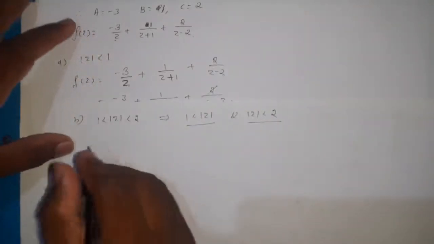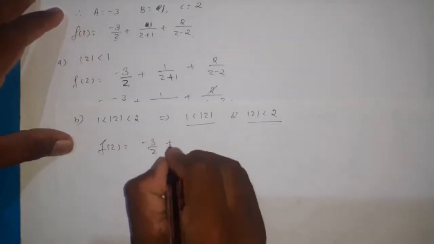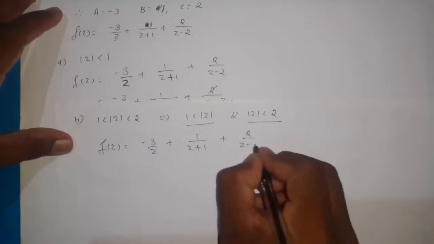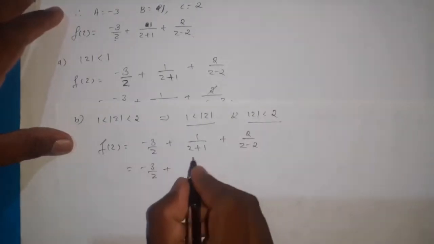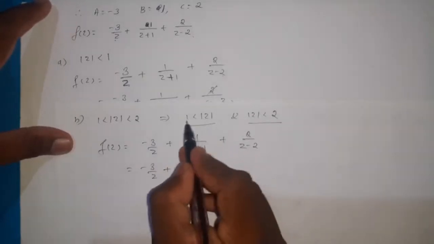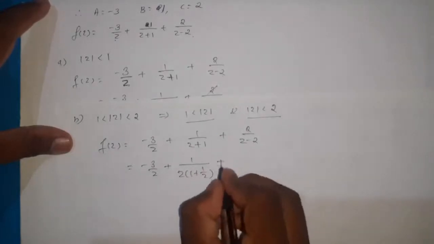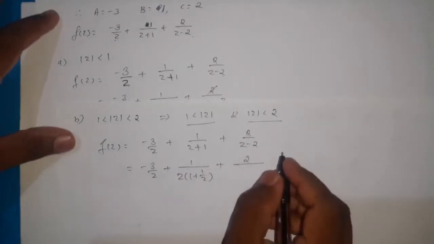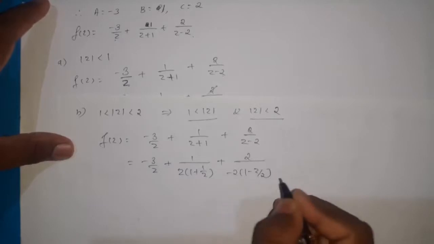So, here f of z is equal to minus 3 by z plus 1 by z plus 1 plus 2 by z minus 2, then minus 3 by z plus, here z is common because z is greater than 1. So, z into 1 plus 1 by z plus 2, here the constant is common, that is minus 2 into 1 minus z by 2.